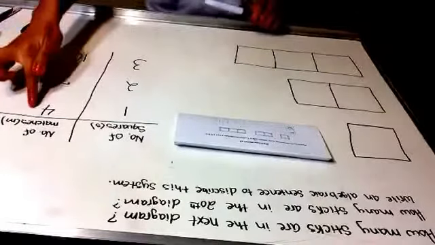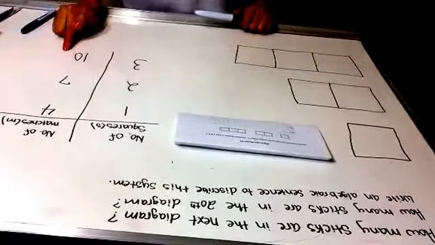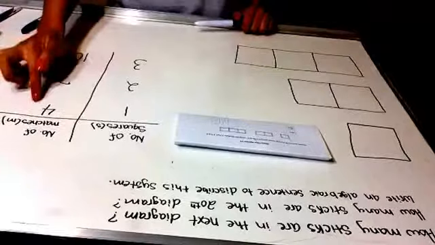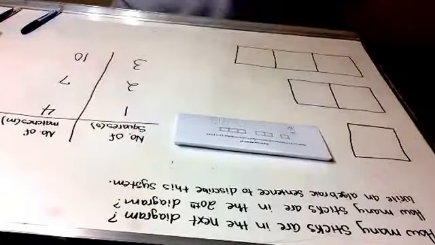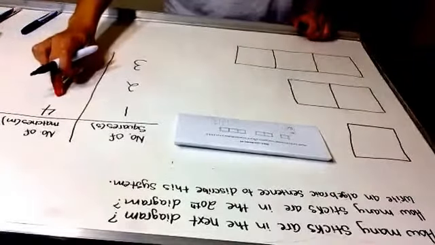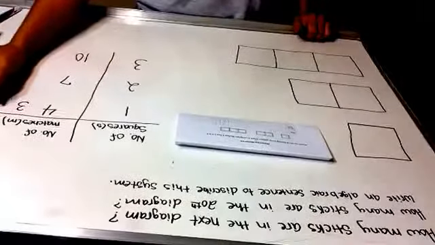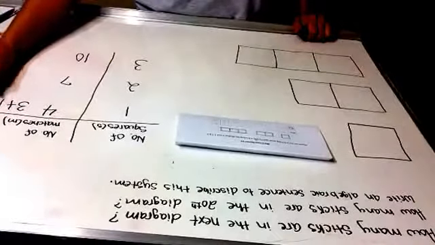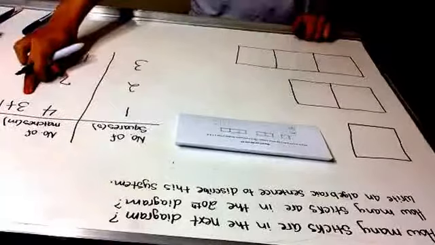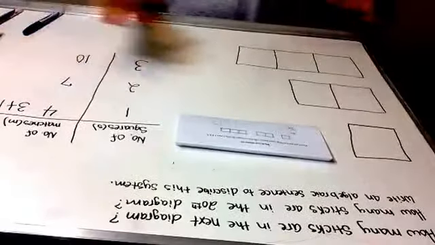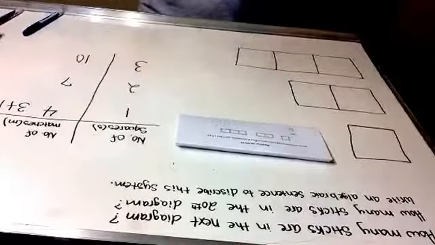So let's look at 4, 7, and 10. Now if you notice here, a rule that they use to get 4 is 3 plus 1. Now where did I get this 3 plus 1? Let's look back at our squares.